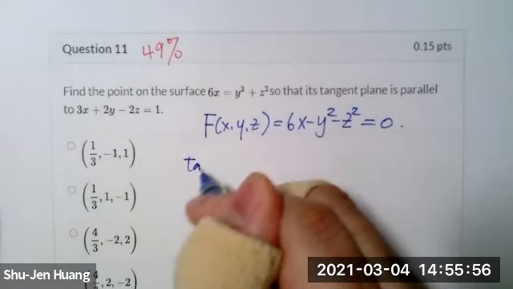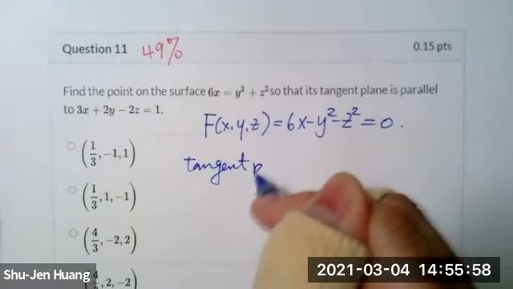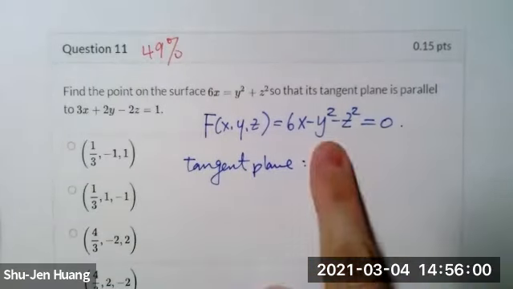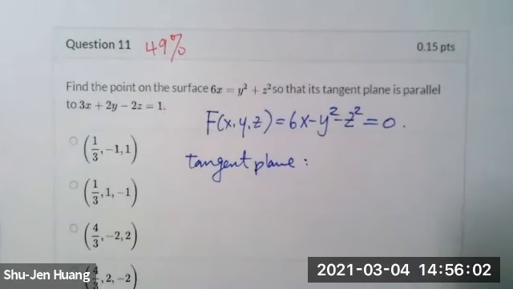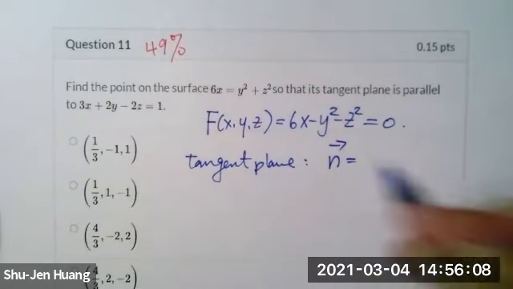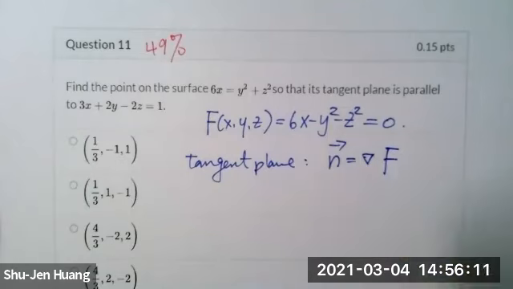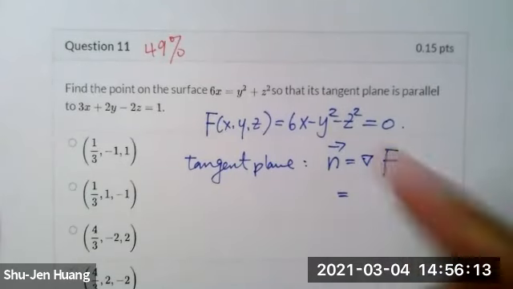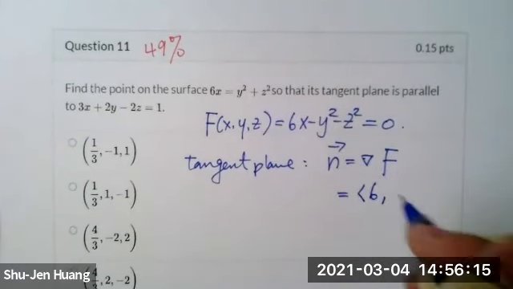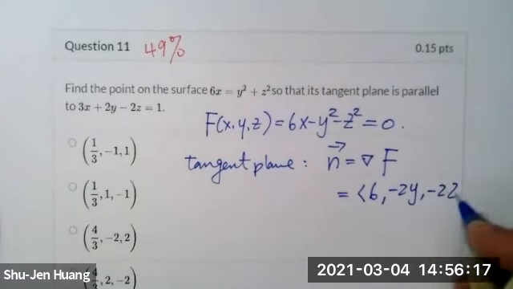So how are we going to get the tangent plane? From this equation, can you find the normal vector? What's the normal vector for the tangent plane? The gradient. Yes, the normal vector is the gradient. So we're going to find the gradient here, which is 6 comma minus 2y comma minus 2z. Is that good?